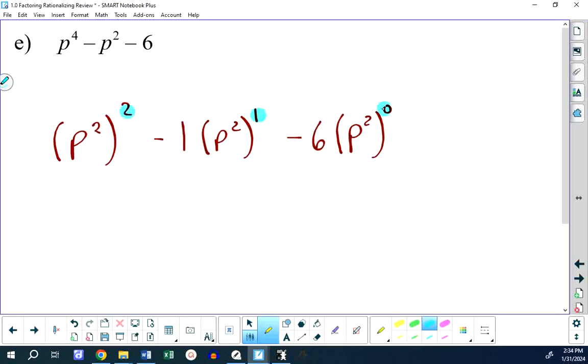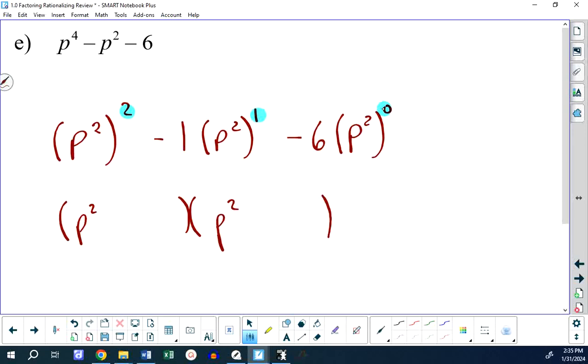A quadratic is something that has something squared, maybe a coefficient too, but something squared, plus a number of those things to the 1, plus a number of those things to the 0. We don't normally write this 0 or this 1. But I can factor this basically by saying I can put p squared here and here.